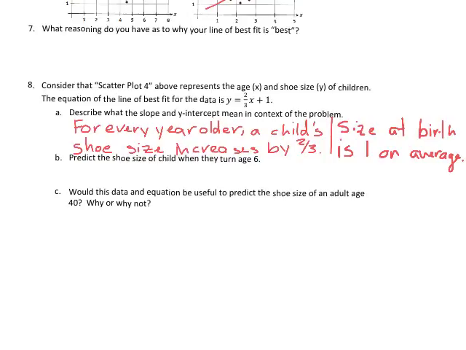It says age is X. So I need to plug it in for X. So I have y equals 2/3 times 6 plus 1. Remember, fraction times a whole number: I multiply the tops, divide by the bottom. So on top, 2 times 6 is 12. 12 divided by 3 is 4. And then add the one more, so y equals 5.